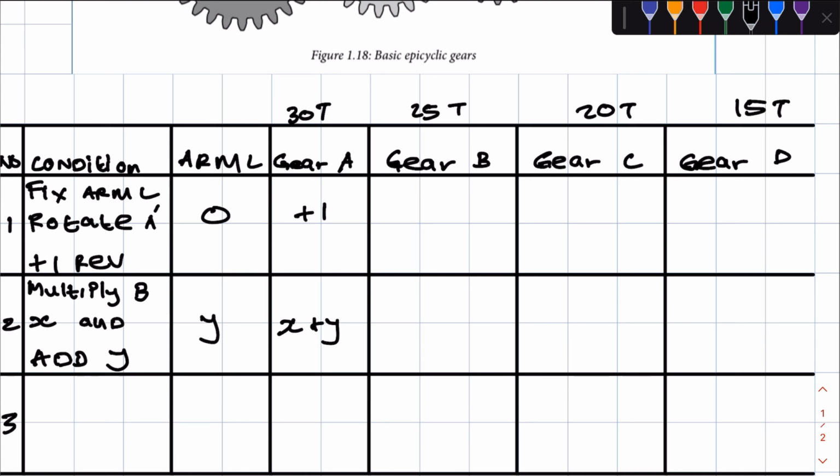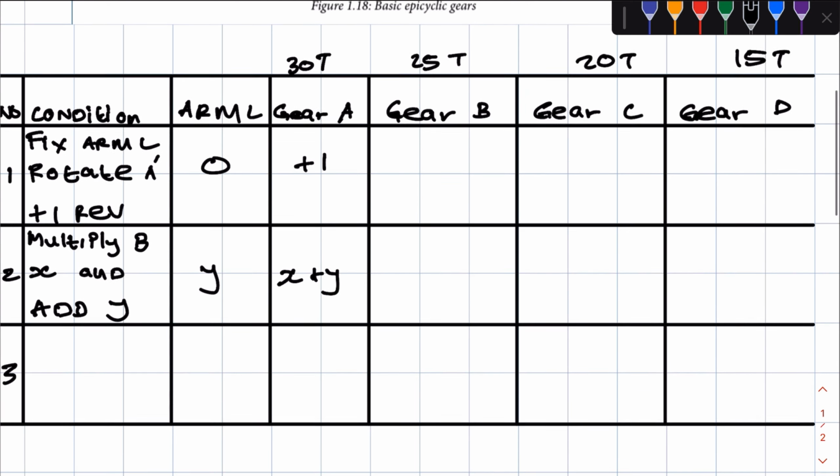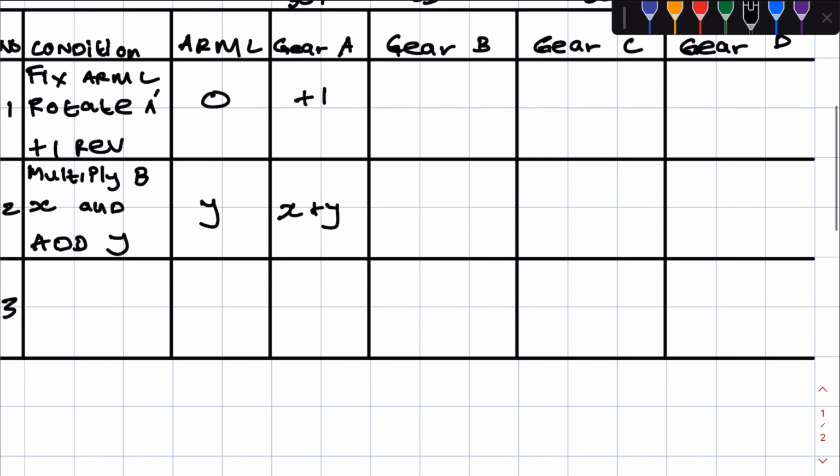So the gear ratio for gear A will be simply +1. For the other gears, we take the annulus gear as our output.